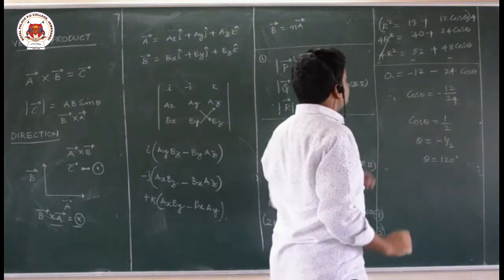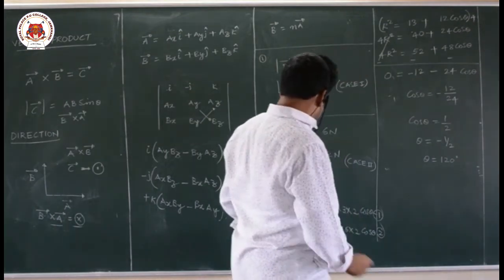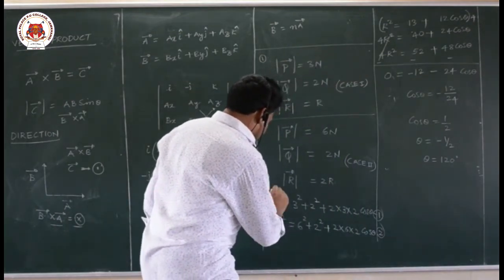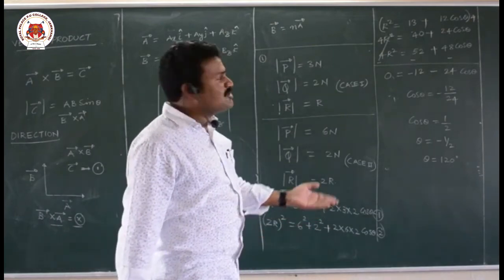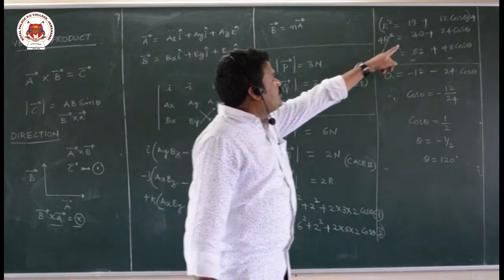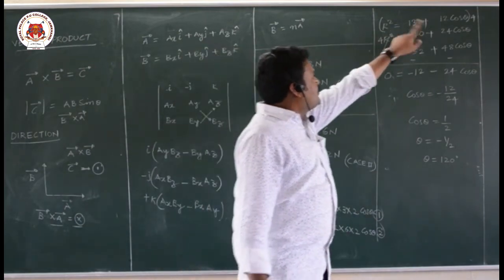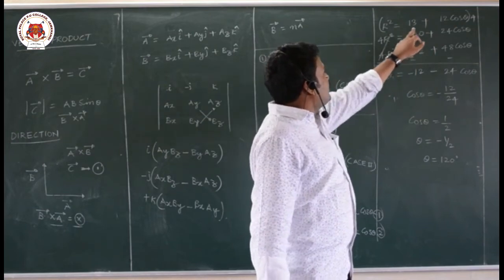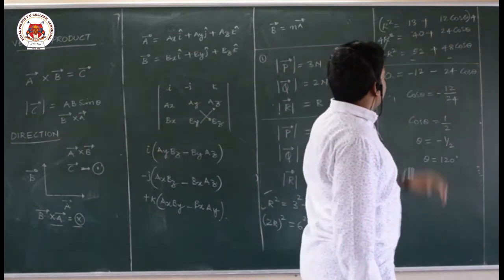So physics part is completed here only, the remaining thing is mathematics. Substitution is mathematics only. So here you substitute 6 square plus 2 square is 40. Then first equation you multiply with 4, then 4r square is 52 plus 48 cos theta.